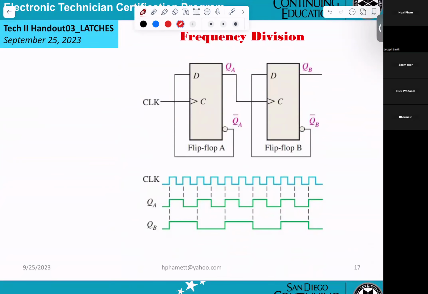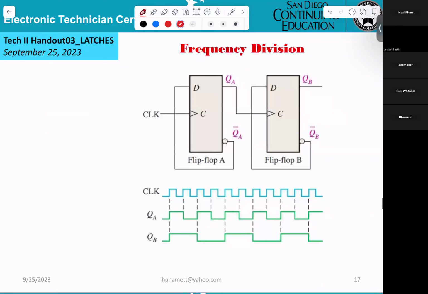And now they just try to see whether you understand the timing or not. First thing, you see not Q here, connected to D. QA will toggle.